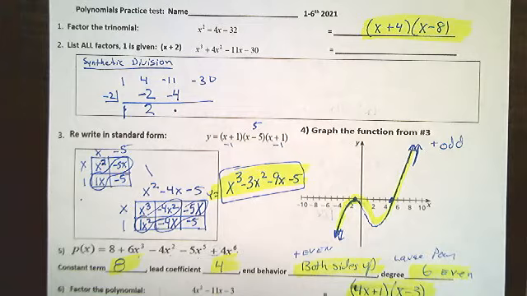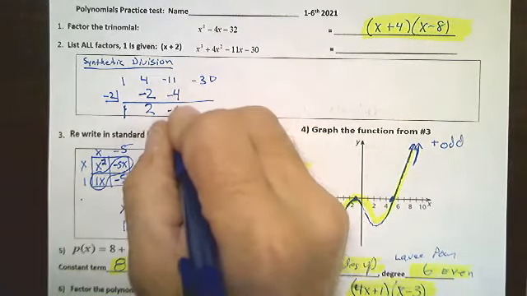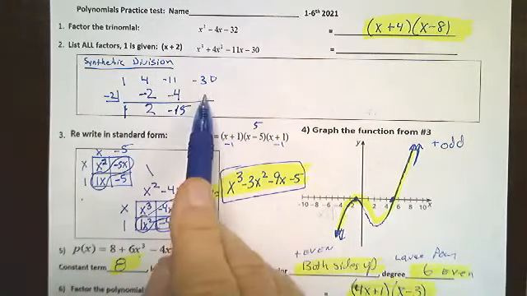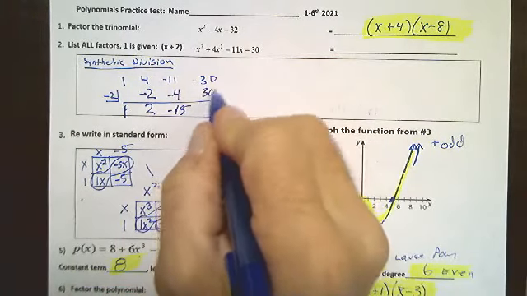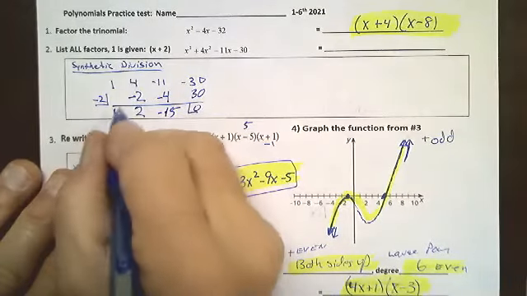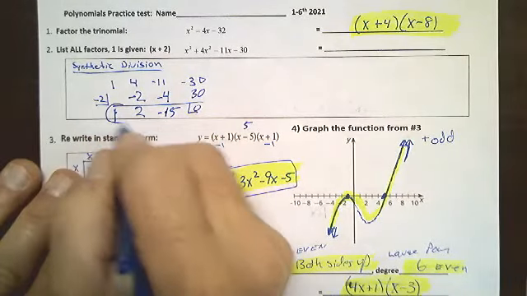Drop. Times. Get that. Add. Times. Add. -15. Porter, what goes here? 0. Good.